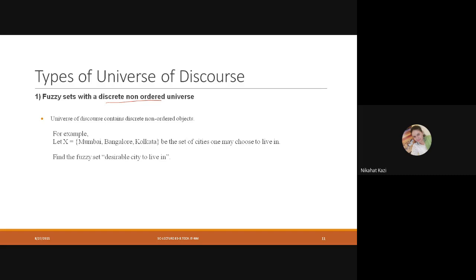The values in X are discrete, distinct values, and they do not have any kind of ordering. I can write Mumbai first, or Bangalore first, or Kolkata first. These are just a collection of objects. Ordering is not important here.